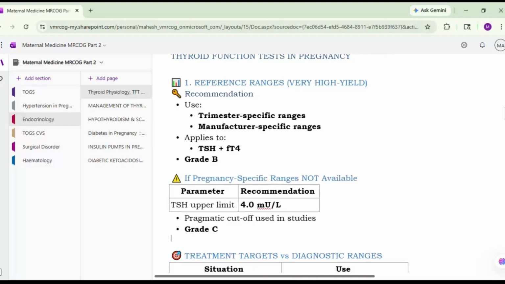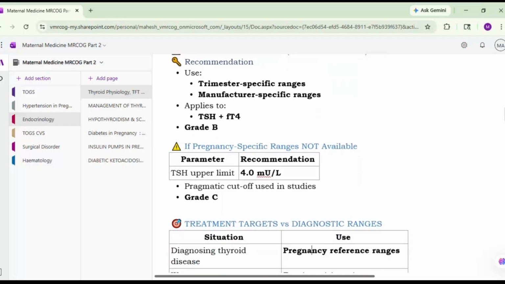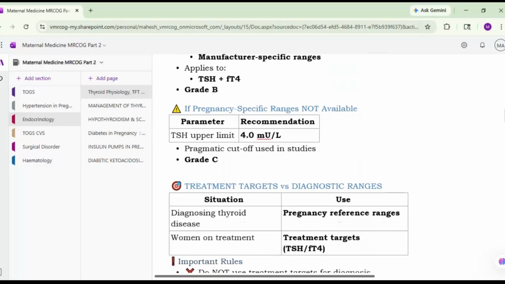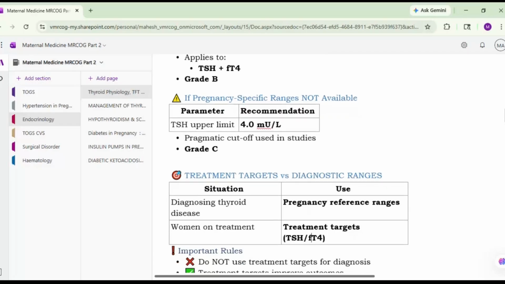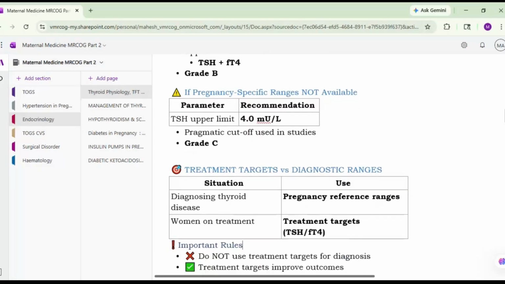If these specific ranges are not available, then a TSH upper limit of 4 milli international unit per liter can be used as a cutoff. This is mainly for studies, as the lab will always give the trimester specific ranges. But if the trimester specific is not available, then 4 milli international unit per liter can be used.